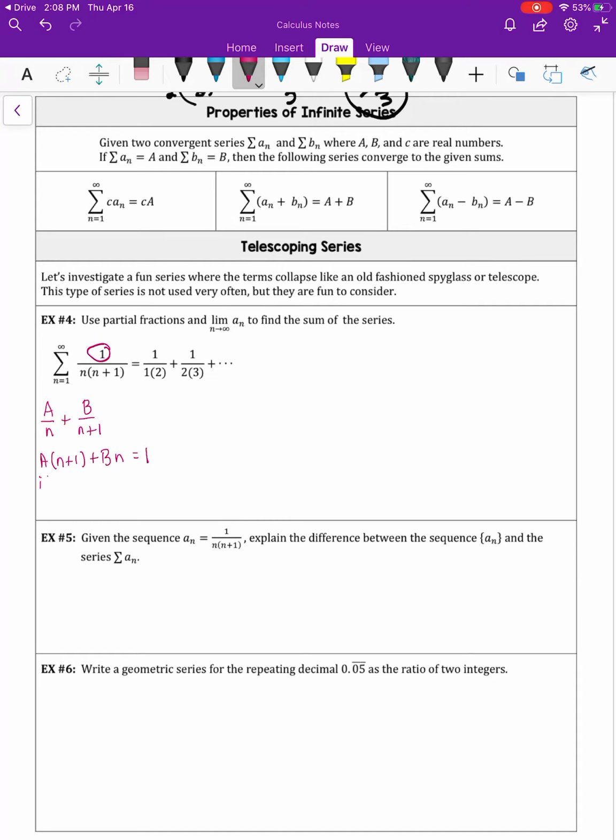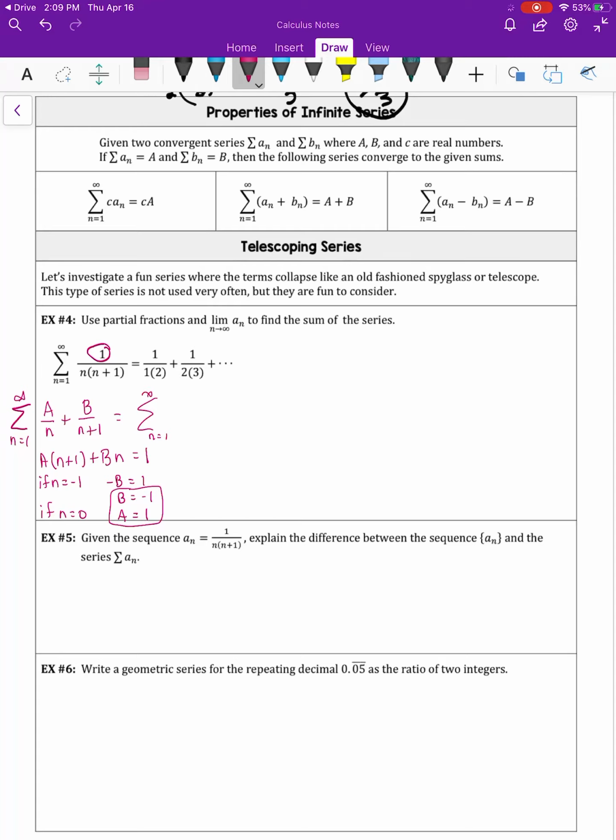We take a times the other denominator plus b times that other one's denominator and set it equal to whatever my numerator is, okay? And then we say if n equals -1, then negative b equals 1 and b equals -1. If n equals 0, then a equals 1. So here's my a and my b.